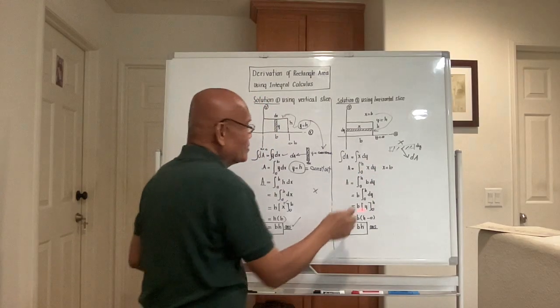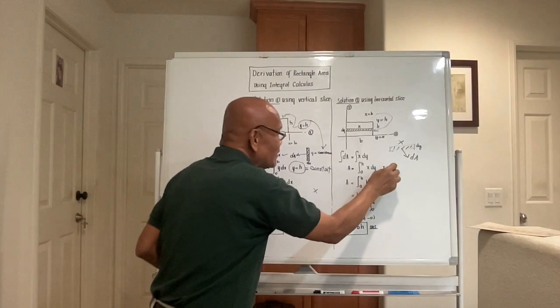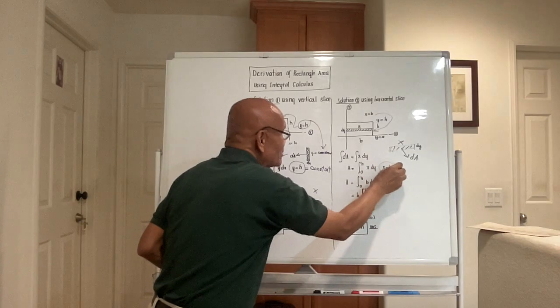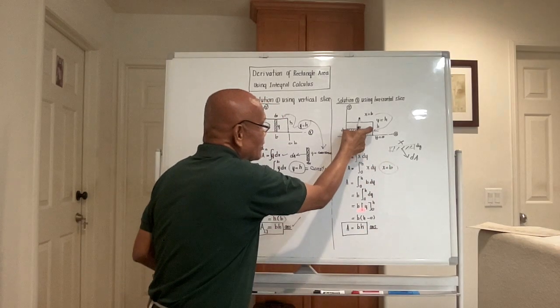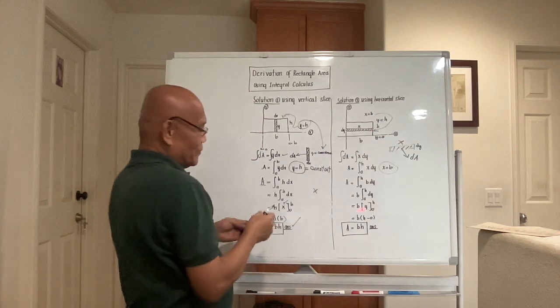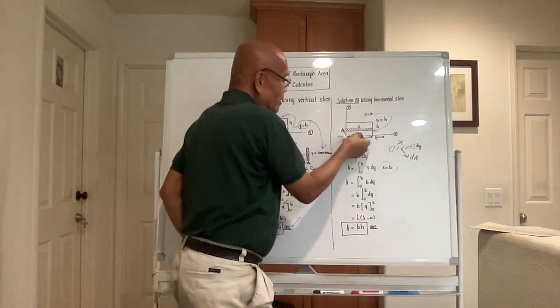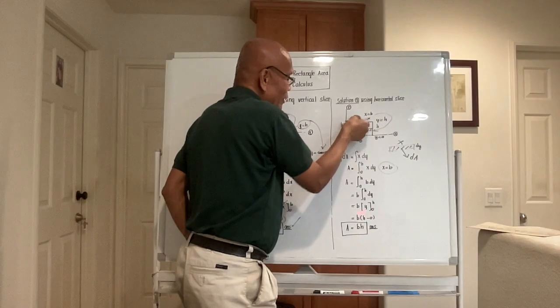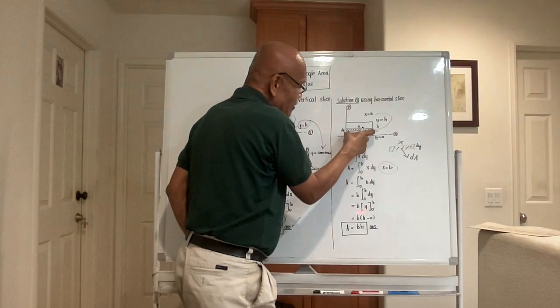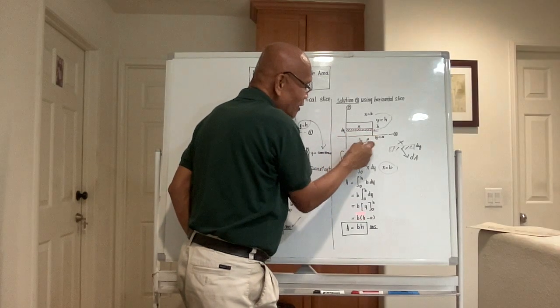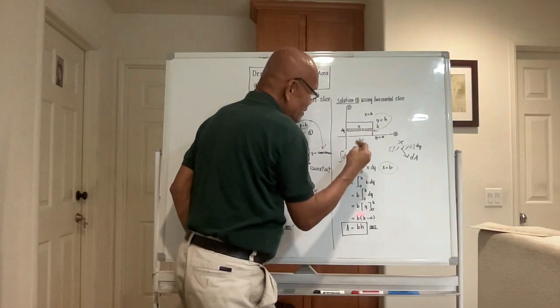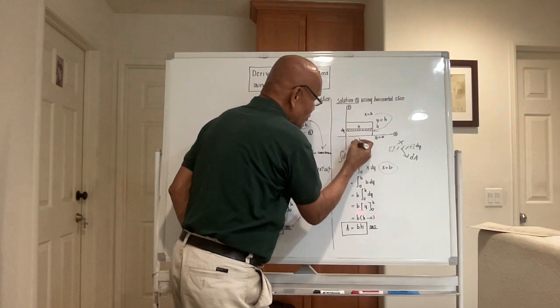But luckily, this x here is actually equal to the base. From y equal to 0 to y equal to h, this x here is not varying. It is equal to the base.